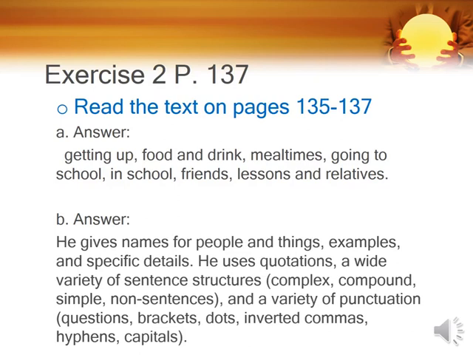He used quotations, a wide variety of sentences like complex, compound, non-sentences sometimes, which we will be explaining later, and a variety of punctuation, questions, brackets, dots, inverted commas, hyphens, and capitals. Why was that important? Because when you read, you wouldn't feel bored. Not everything is on the same level, so you read in different ways. You have all these techniques that he used.